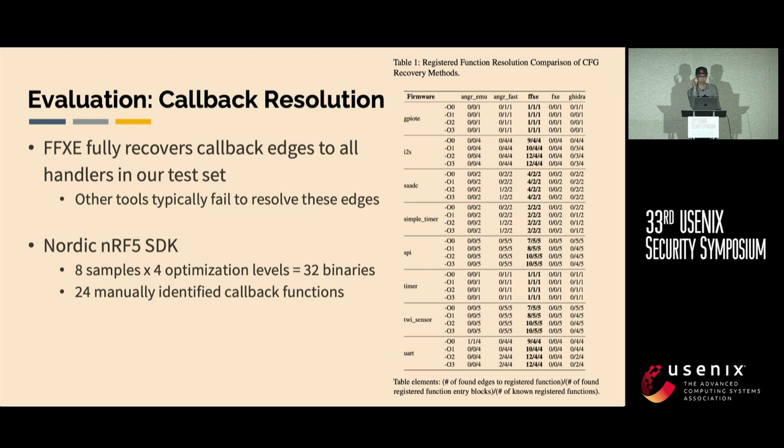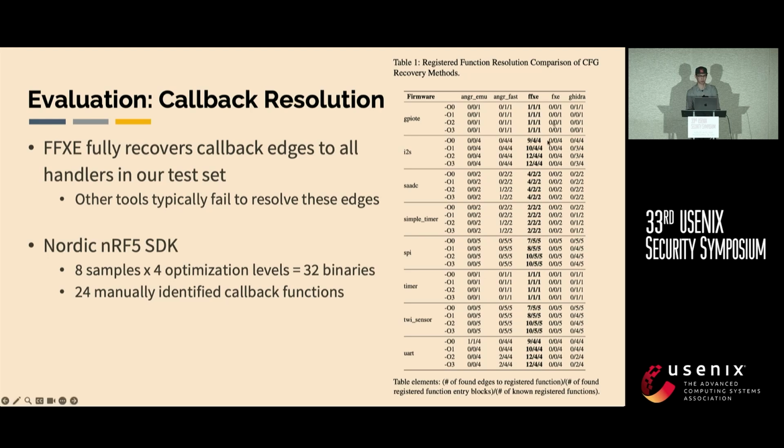And as you can see, we compared against a few other tools, angr, Ghidra, and then the original FFXE. And we find that pretty much only our algorithm is able to consistently get edges to these locations.